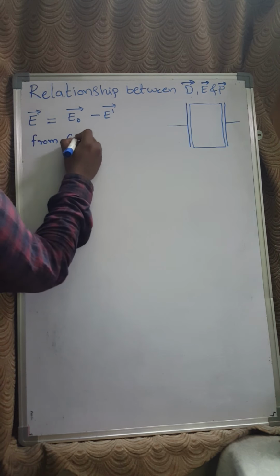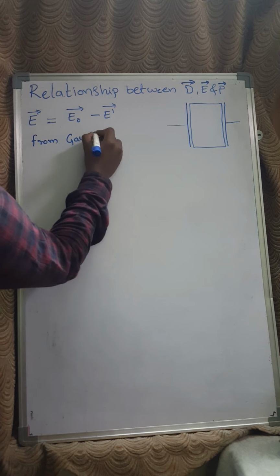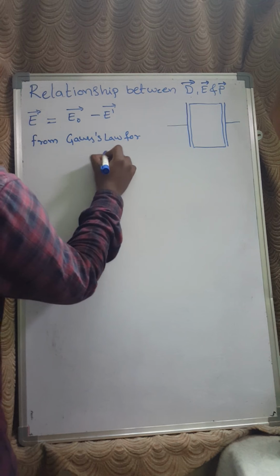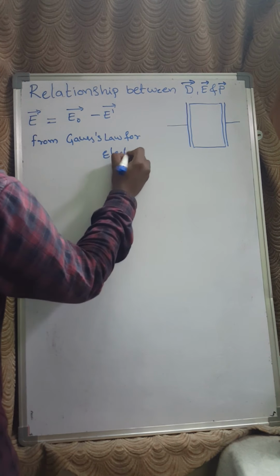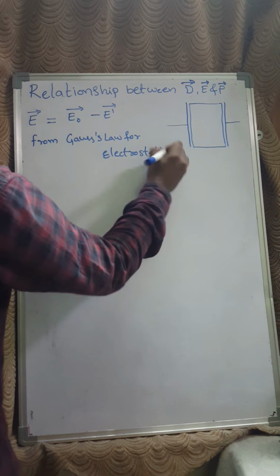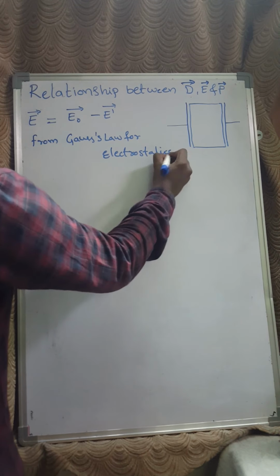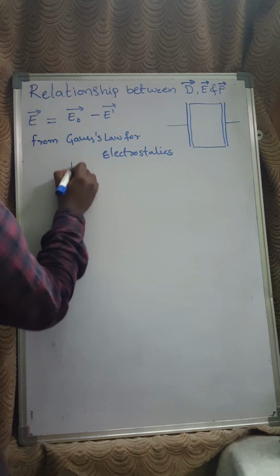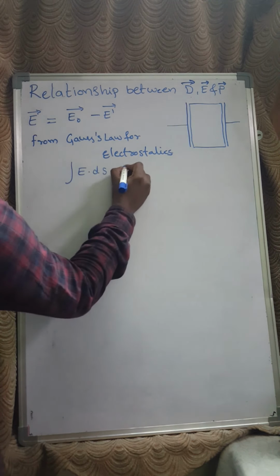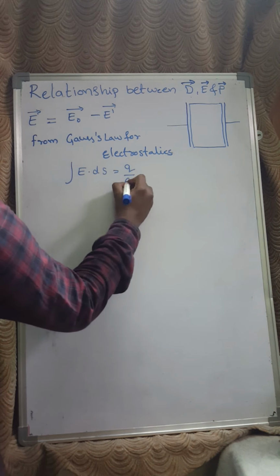From Gauss law for electrostatics, integral E dot ds is nothing but q by epsilon naught.